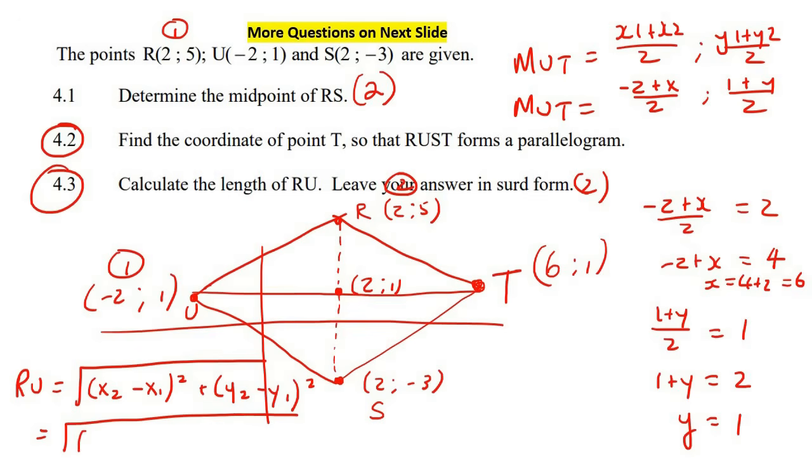So I take the x value of point number 2, which is 2, minus the x value of point number 1, which was negative 2, and then the y value of point number 2, which is 5, minus the y value of point number 1, which is 1, and I type that all on the calculator. In this one, they've asked us to leave the answer in surd form. That just means with a square root. So that would be 4 square root 2. Don't write it in decimal form.